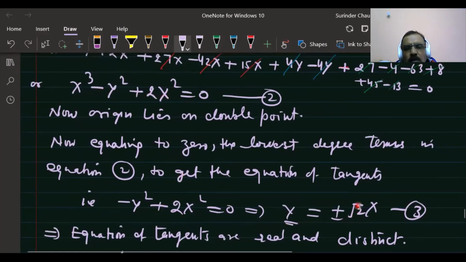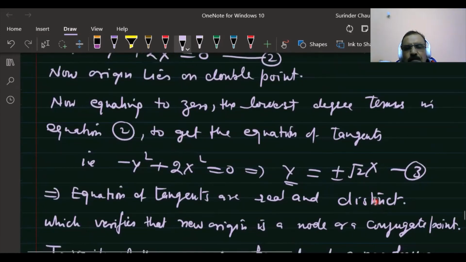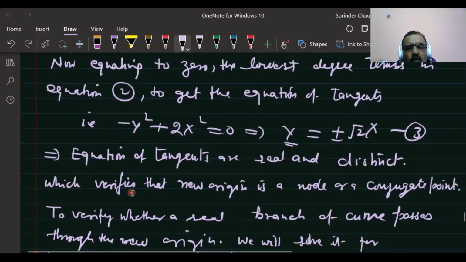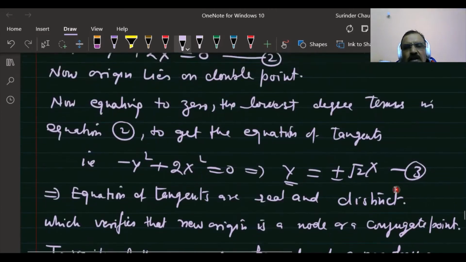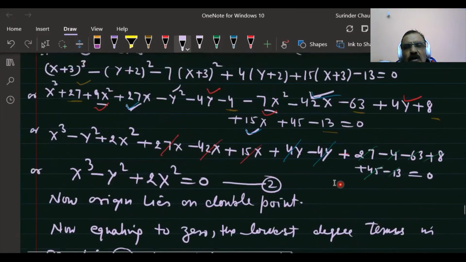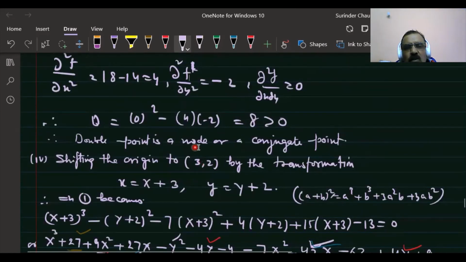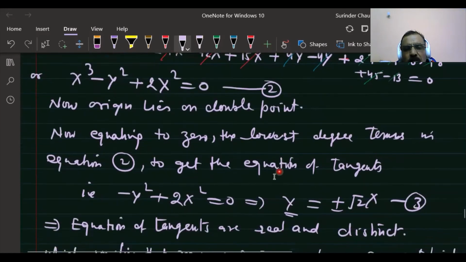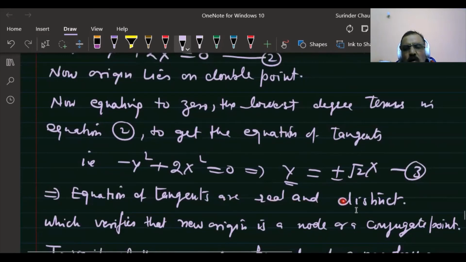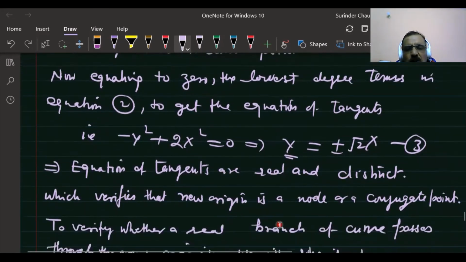So Y is equal to plus minus root 2 X. Now the tangents are real and distinct, which verifies that the new origin is a node or conjugate point. The same conclusion we get from the equation of tangents: real and distinct.